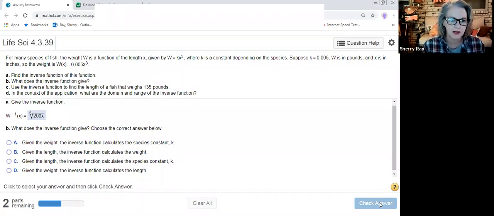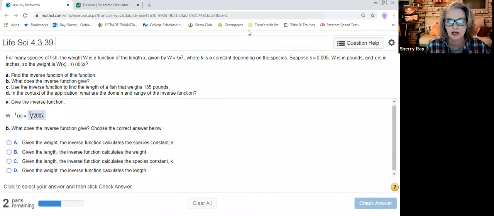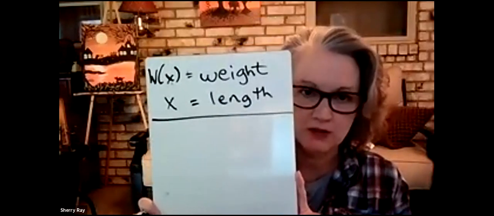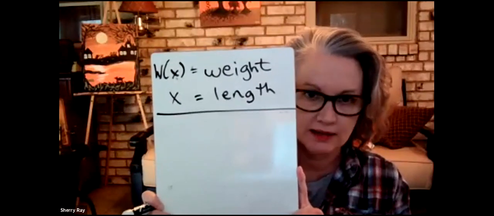Okay, so now it says, what does the inverse function give? Choose the correct answer. Okay, so originally we know that, and let me go back to my little board here. So my original function, w of x, gives x is the length, w of x, or y, you can think of w of x as y, that's the weight.